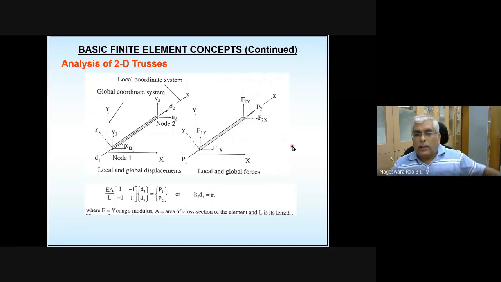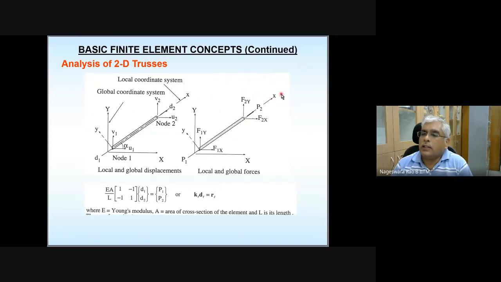Okay, so this is a bar element. The local axis, which coincides with the centroidal axis of this bar element, is this x-axis.